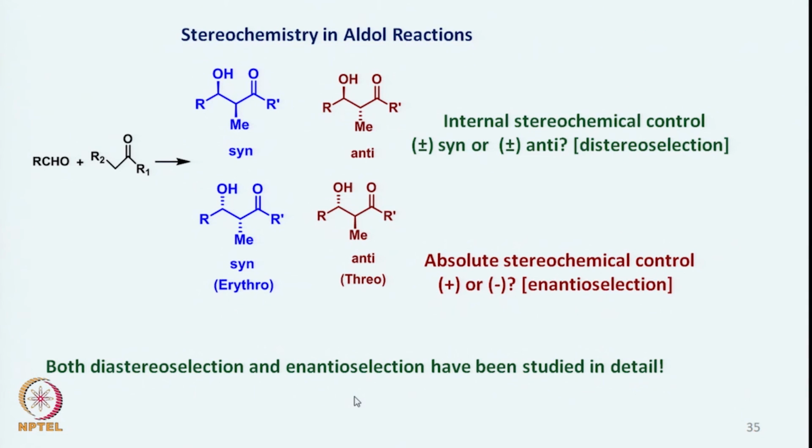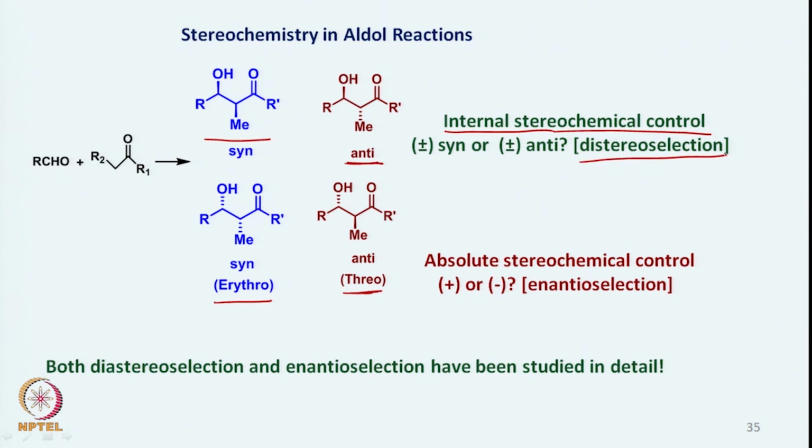Now, the stereochemistry in aldol reactions: one can see that we can get a syn product, as I mentioned, but its mirror image will also be present as the corresponding syn product, and in a similar fashion we can have anti and also its mirror image. So basically there has to be an internal stereochemical control, which of course will lead to diastereoselection.